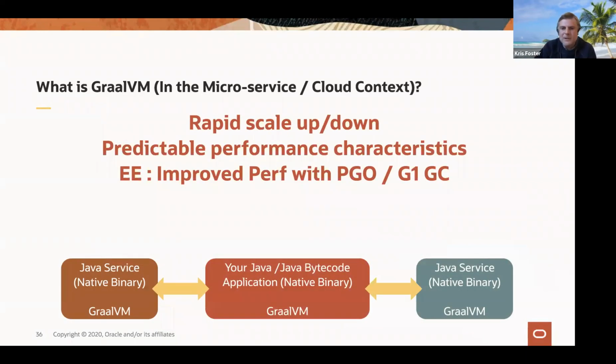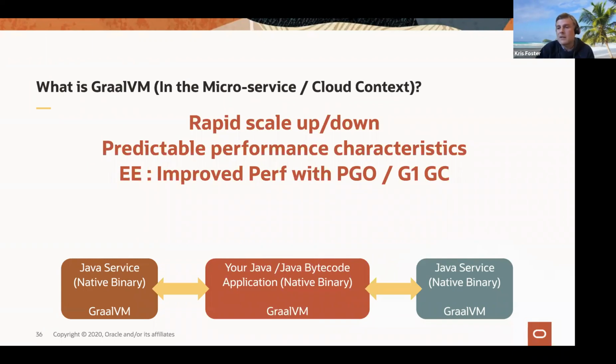So yeah, predictable performance characteristics, and rapid scaling up and down. And with the Enterprise Edition, we have a few extra performance things. This thing called PGO, which I'll talk a bit about, basically profile guided optimizations. We try to gather the optimization information that the JVM would be gathering to do its JIT compilation, finding out based on what's happening to the app what the hot methods are.